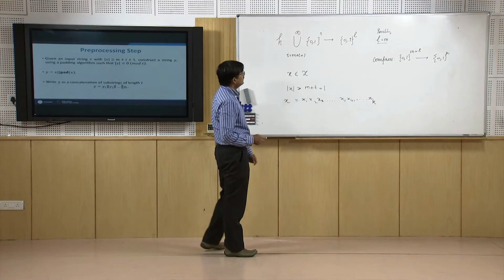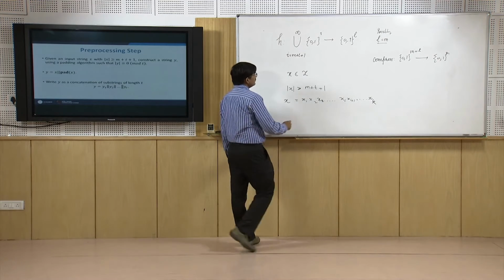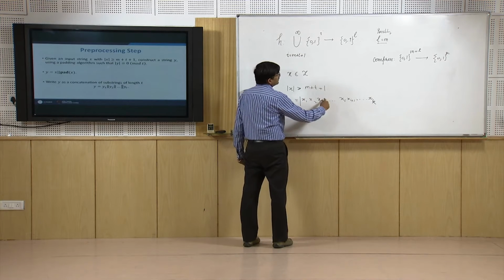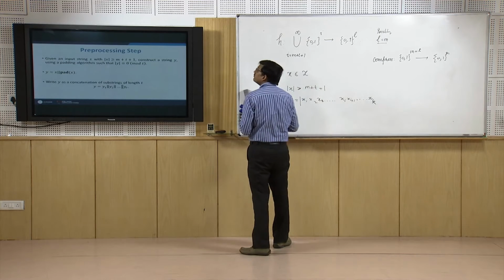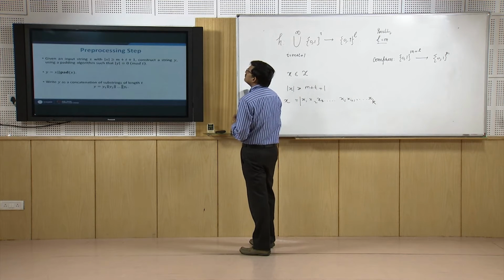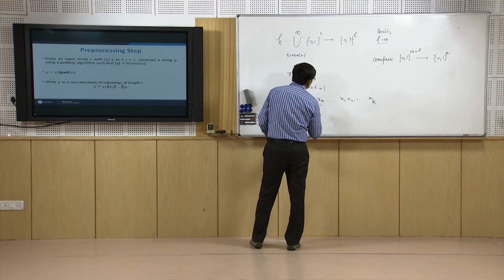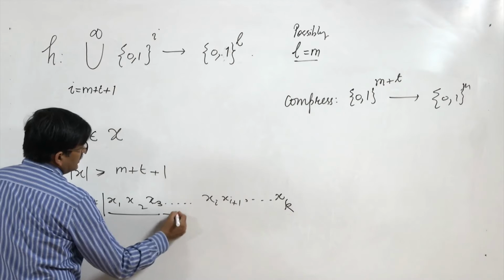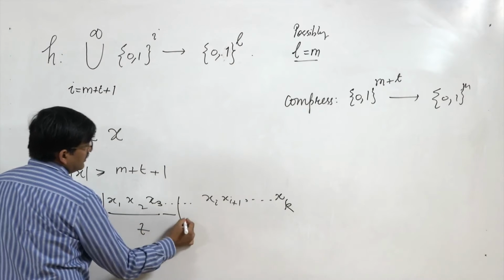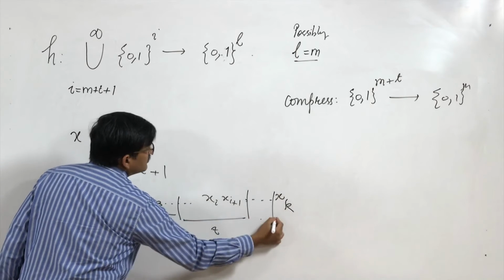So, first we would like to split up x into some small parts because we want to use compress. So, we would like to split up like this: some segments of length t, then again another segment of length t and so on.